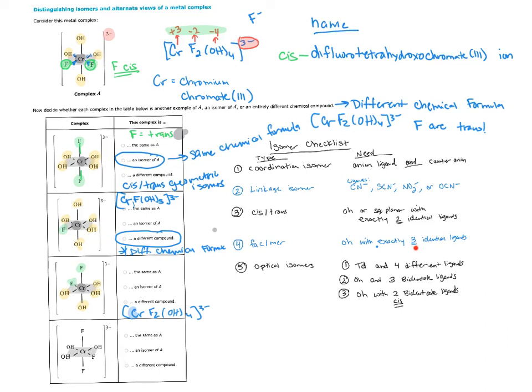I have 4 hydroxos, again referring to compound A. And I do not have an optical isomer because, yes, I have octahedral structure, but I don't have 2 or 3 bidentate ligands. So looking at this, I can see that I have the same chemical formula, but my 2 fluoros here are in the cis position also at 90 degrees, just rotated a little bit, so it rotated back, which tells you this is the same as A.